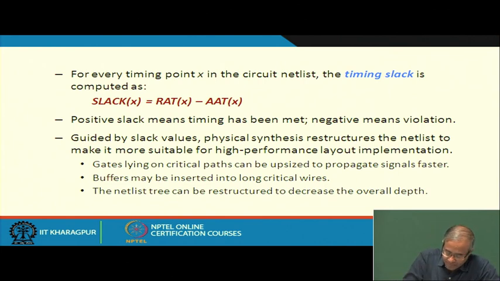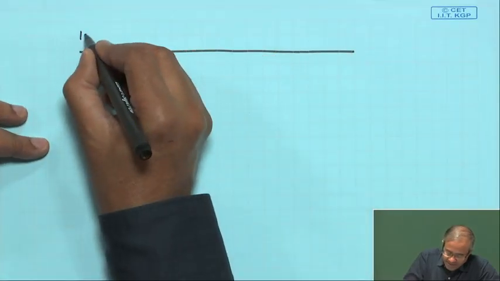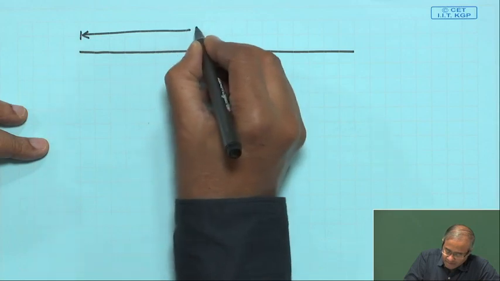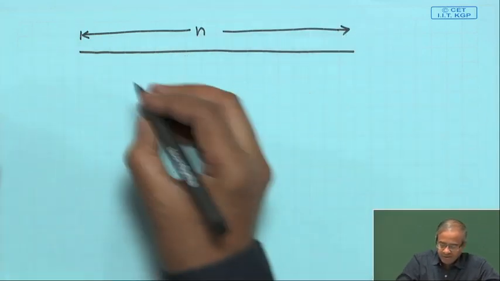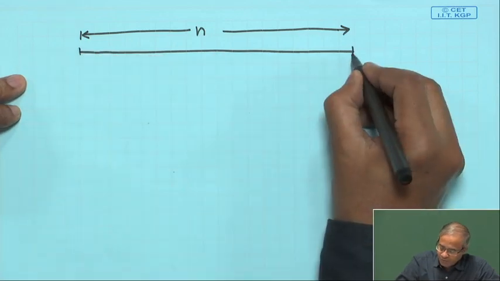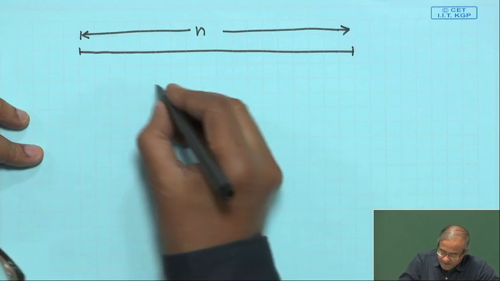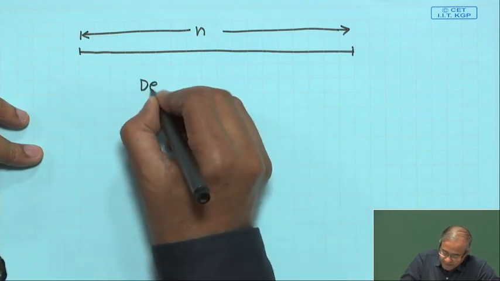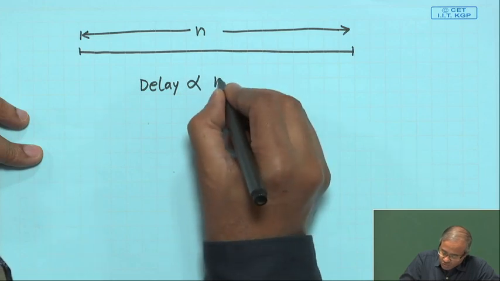Let us say there is a long wire of length n. Now, with respect to the Elmore delay model, if you consider distributed resistances and capacitances, the delay is proportional to the square of the length.